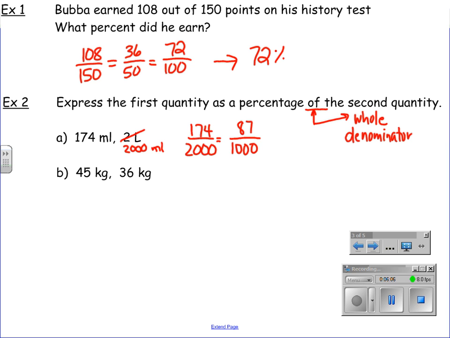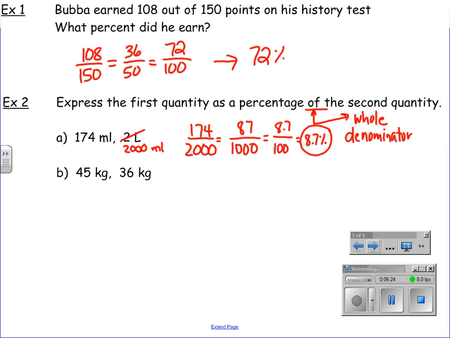But percent is out of what, Lena? 100. She got 8.7%. Divide them both by 10, and you're right. It's 8.7 over 100, which means 8.7%.